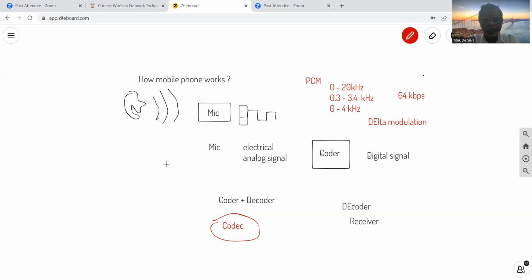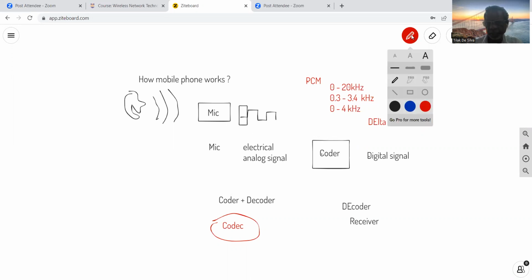So in free space, when you are transmitting the signal, it should be an analog signal. You cannot transmit a digital signal in the free space. In the free space, this is going as an electromagnetic wave, so it is an analog signal. Then this digital signal, again we have to convert to analog signal before putting into the free space. This is very important.